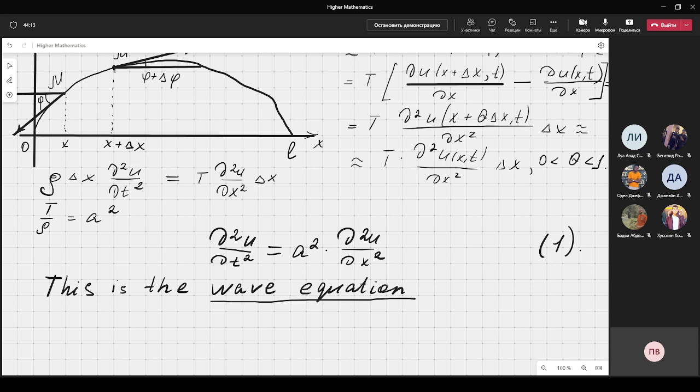Then, for any t, the following equality must hold. U of 0, t is 0, and u of L, t is 0.